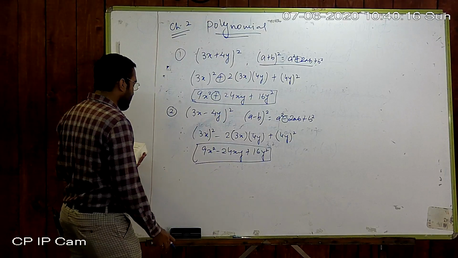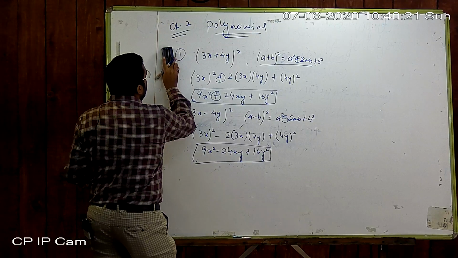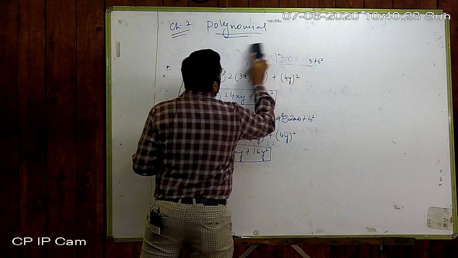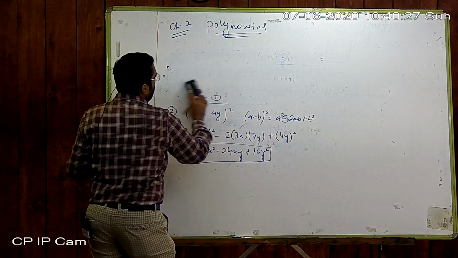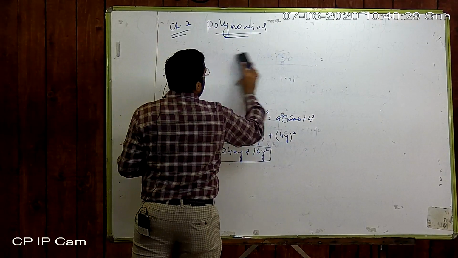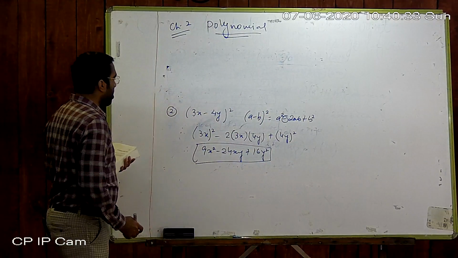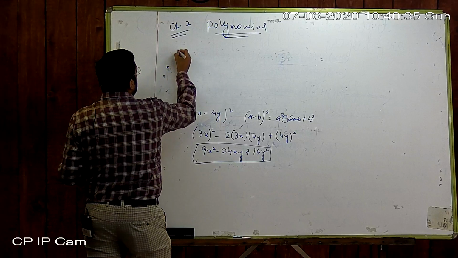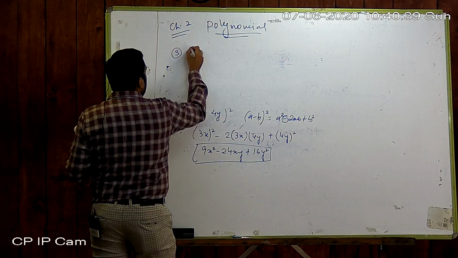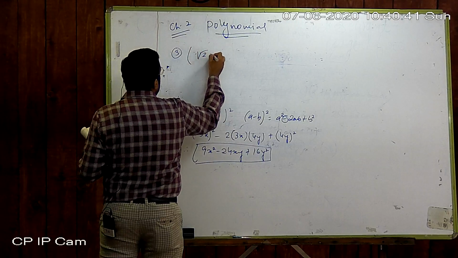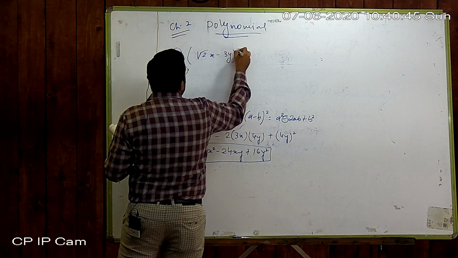Please note down fast. Now we take another example of the minus: root 2x minus 3y whole square.